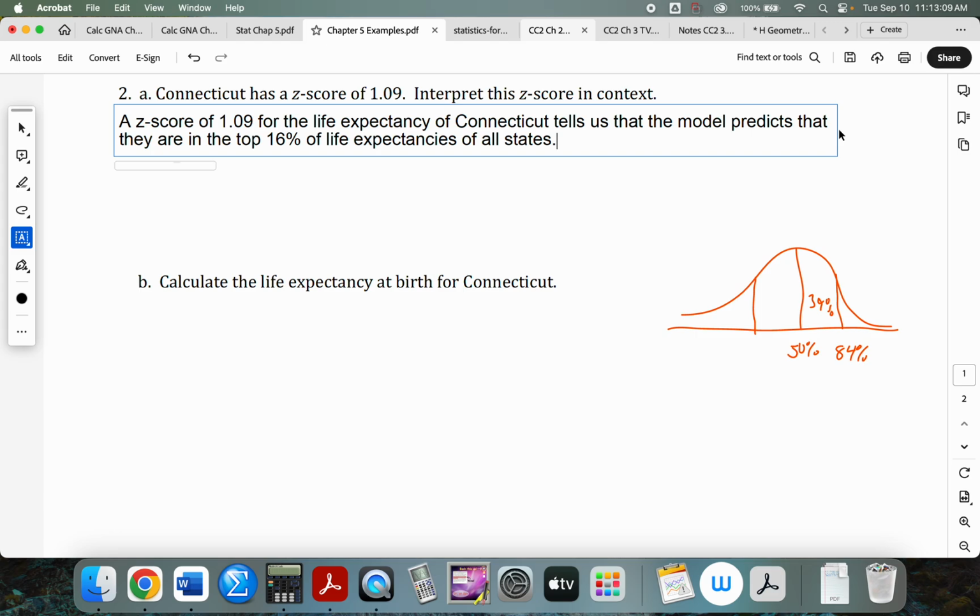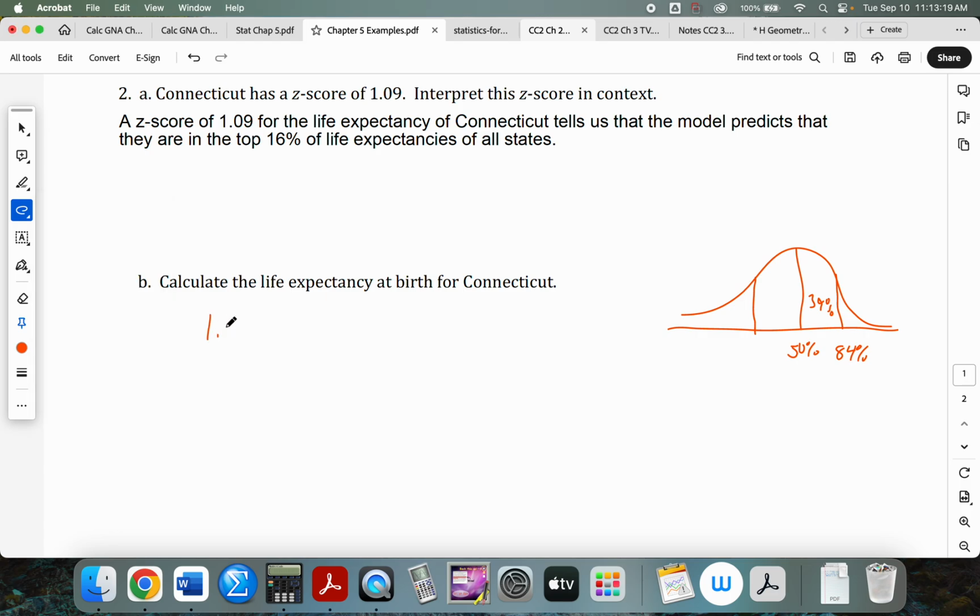All right, so let's calculate the life expectancy at birth for Connecticut. Well, we know their z-score is 1.09. We don't know what their life expectancy is. We'll call that x minus the mean, 77.19, divided by 1.57.